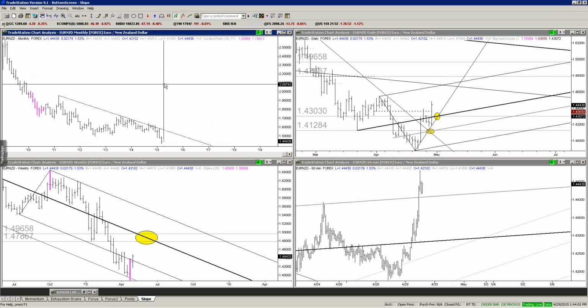So, yeah, and I wouldn't even mess with pound Kiwi at this point because I like the euro so much better. I mean, I talked about euro pound even, being a slight change in behavior.